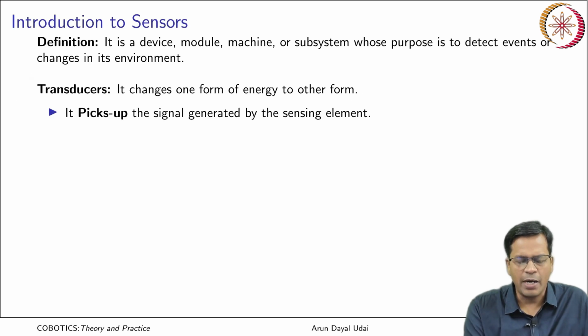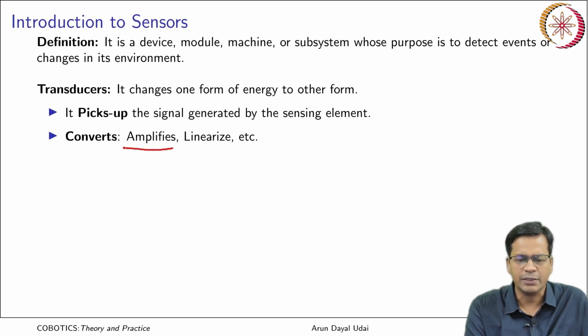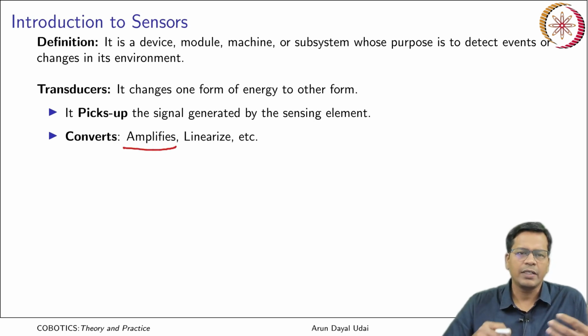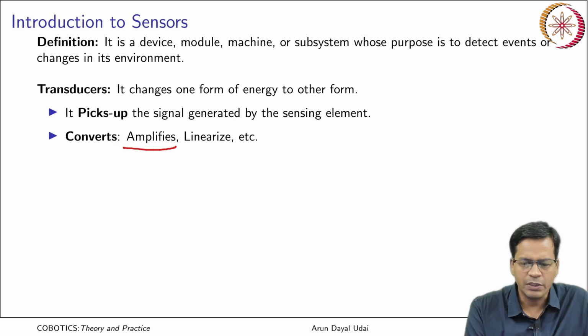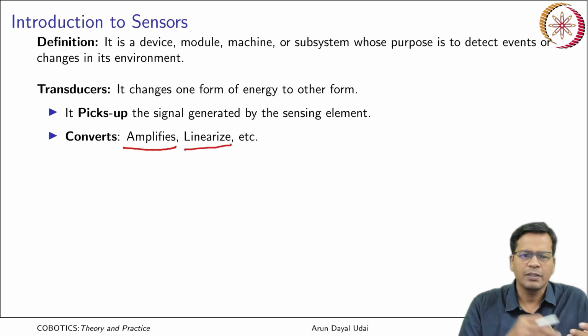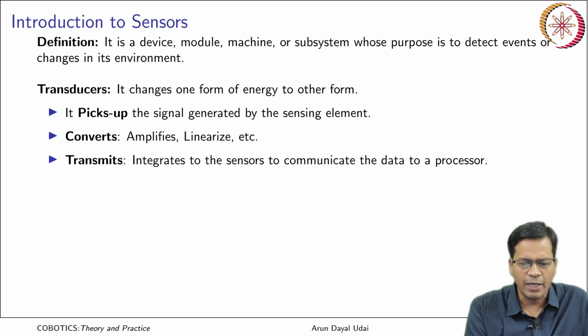So, what are the parts of a transducer? Basically, it picks up the signal generated by the sensing element. It converts it from one form to the other, that is, it amplifies the picked up signal. Sometimes they also have a linearizing unit which tends to linearize the input to the output, okay, and it transmits the signal.